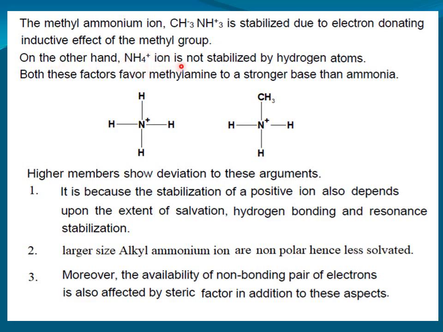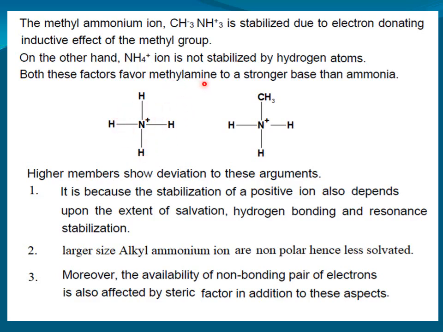Both these factors favor methylamine to be a stronger base than ammonia. Now students, this positive charge is stabilized due to the electron donating effect of this methyl group, whereas the positive charge of this ammonium ion is not stabilized because there are no alkyl groups to stabilize it. That is why methylamine is going to be a stronger base as compared to ammonia.